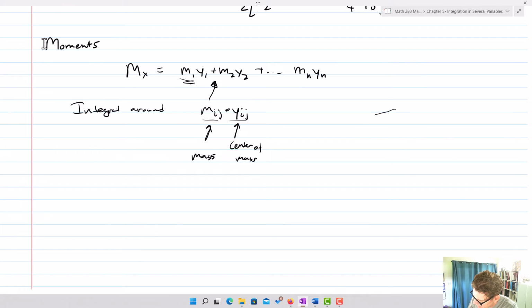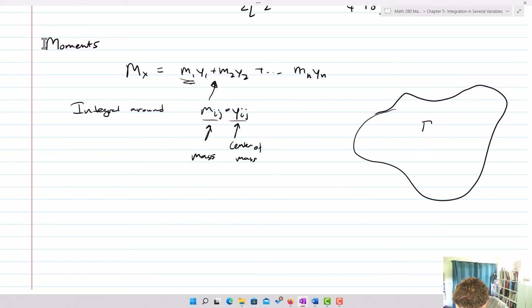So if you imagine we have a 2-dimensional region, and in this region we have this figure, which is some rectangle that we call the rectangle Rij. That's the name of the rectangle. Its mass is Mij, the mass of Rij.